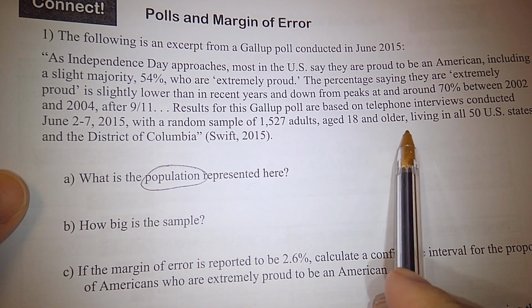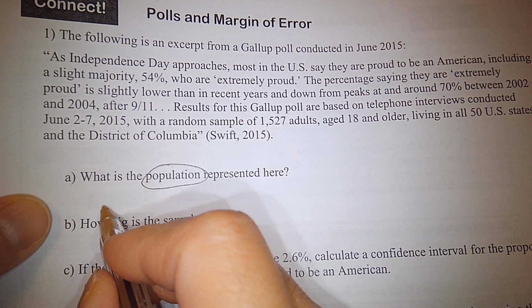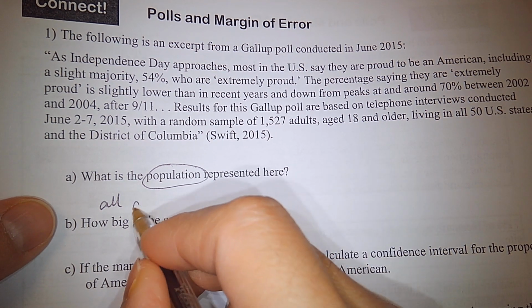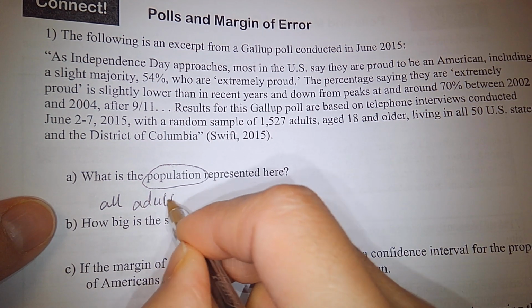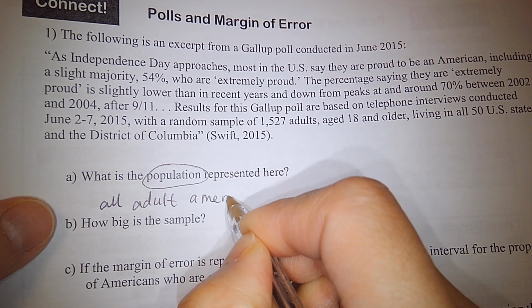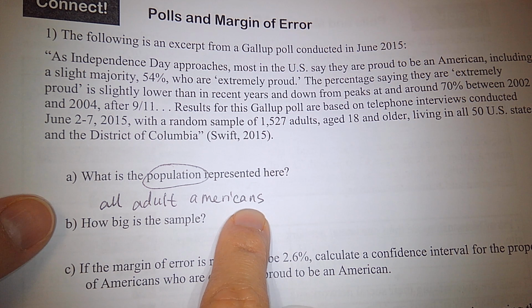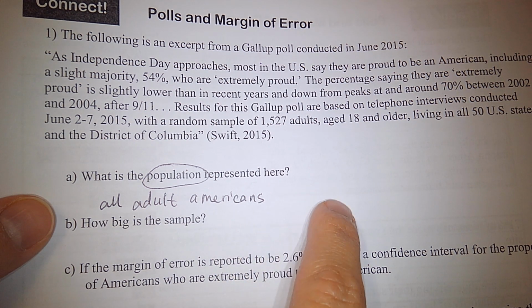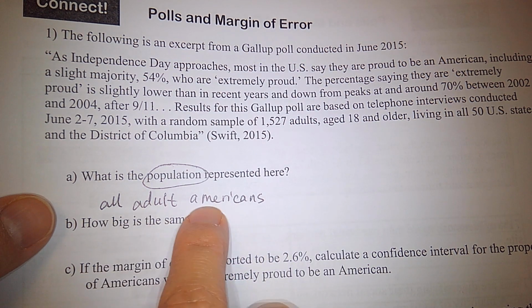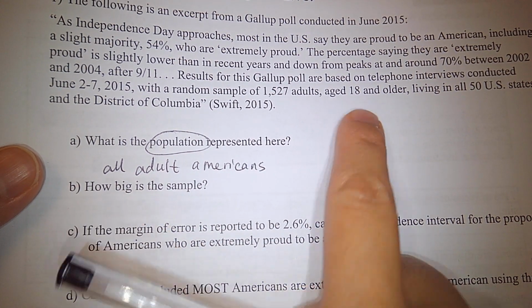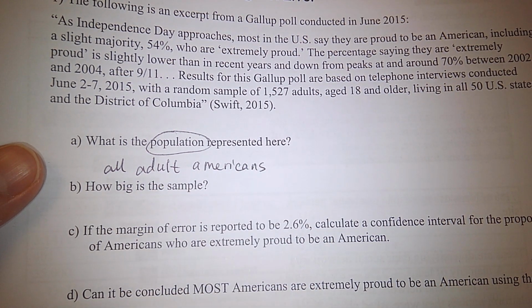That's our population. So I'm going to say all adult Americans. Or you may answer all Americans aged 18 and above, or adult Americans. We're not surveying those children, so we have to survey adults.